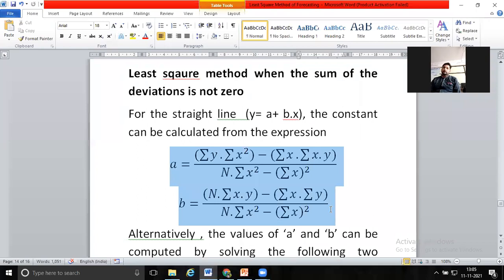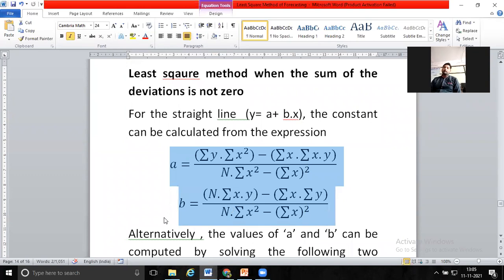Okay, so the first formula is for a: a is equal to summation of y multiplied by summation of x square, minus, in another bracket, summation of x multiplied by summation of x y, whole divided by n multiplied by summation of x square minus, inside the bracket, summation of x whole square.